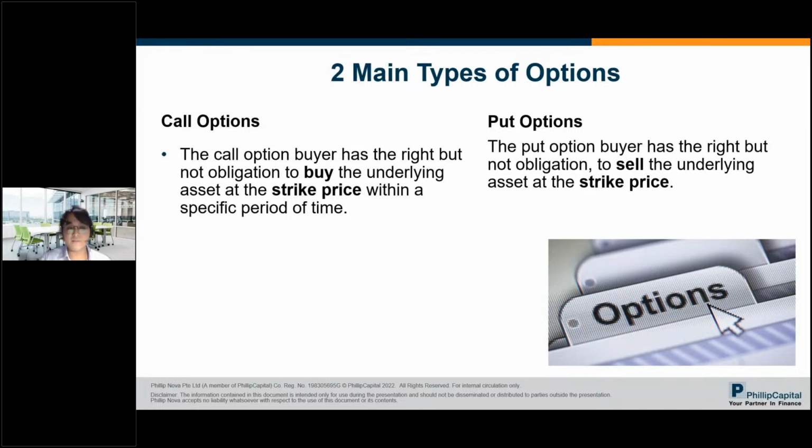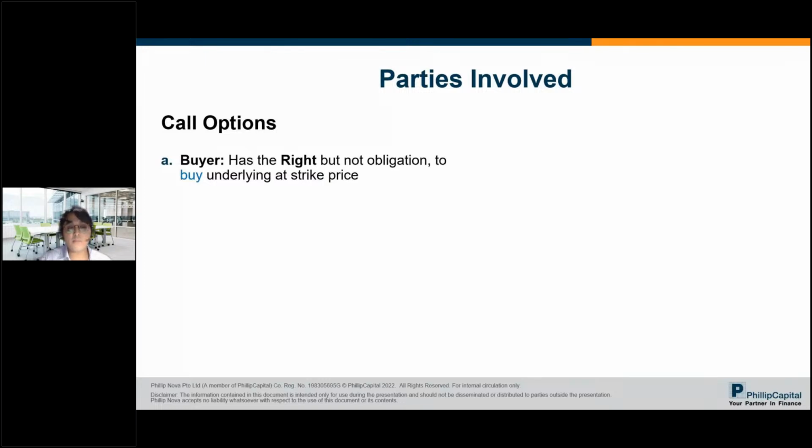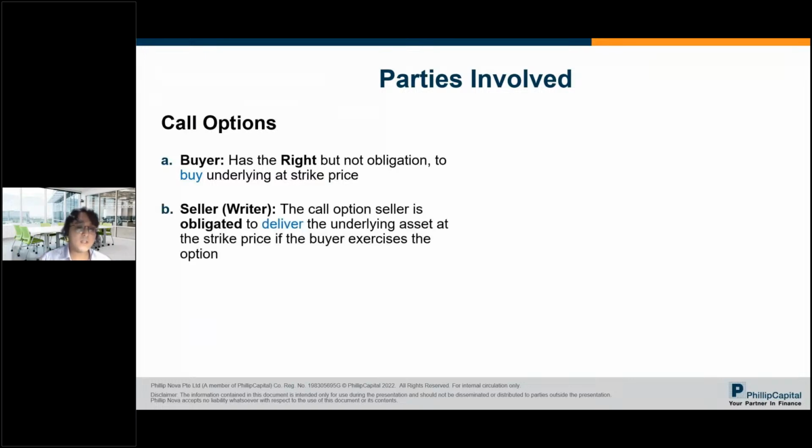So who are the parties involved? As I've mentioned, for a call buyer, you have the right to buy the underlying at the strike price. But on the opposite end of the trade, we have the call writer or the call seller who is obligated to deliver the underlying asset. For example, the underlying asset could be gold futures. As a call buyer, when you exercise the option, you'll be able to buy a gold futures contract at the strike price.